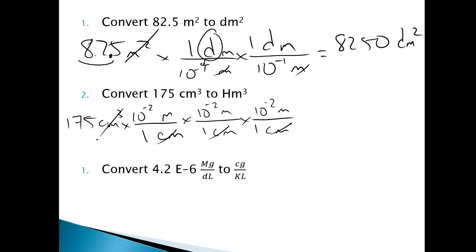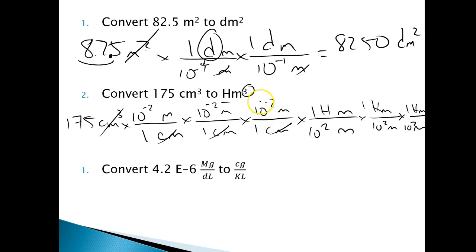So if I was to stop right now, my units would be meters times meters times meters, or meters cubed. That's not what I want. What I want is to get rid of the meters, and I want it to be hectometers. 1 hectometer is 10 squared. 1 hectometer, 10 squared. And again, repeat the exact same thing 3 times.